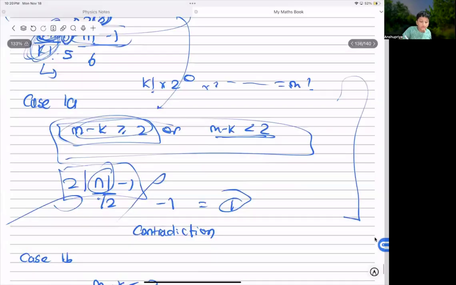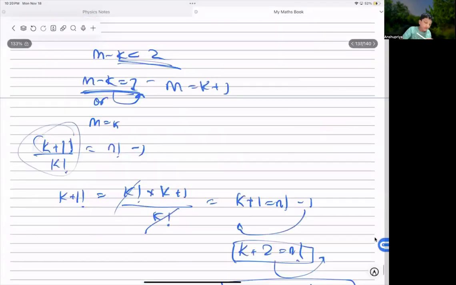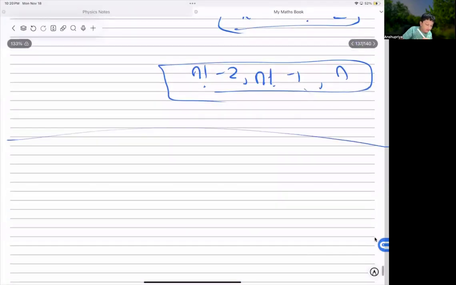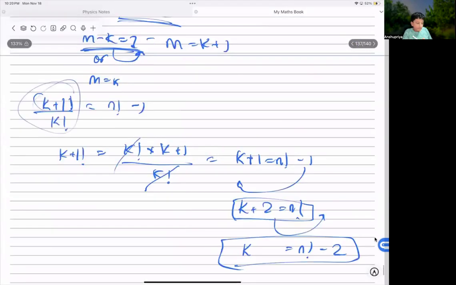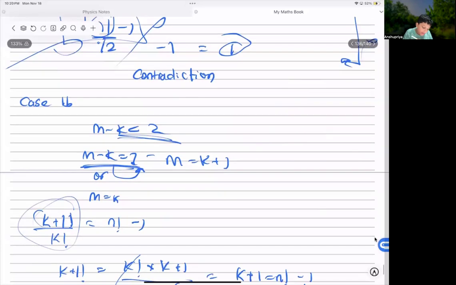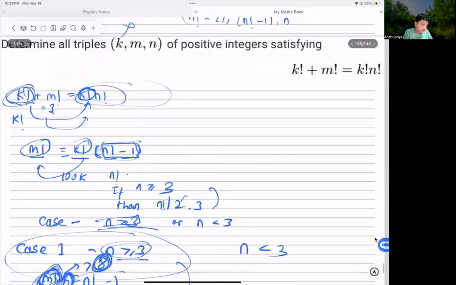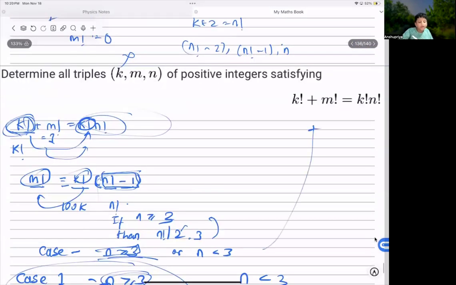Because inside n at least 3 is finished, we will now assume that n is equal to 2 or 1. And here we had m is equal to k. So if we put it in, we get 2 k factorial is equal to k factorial into n factorial.